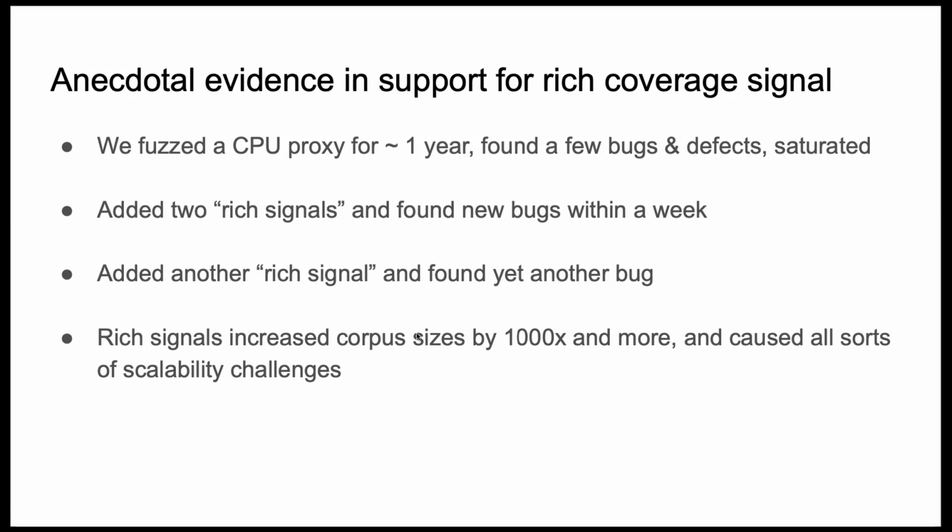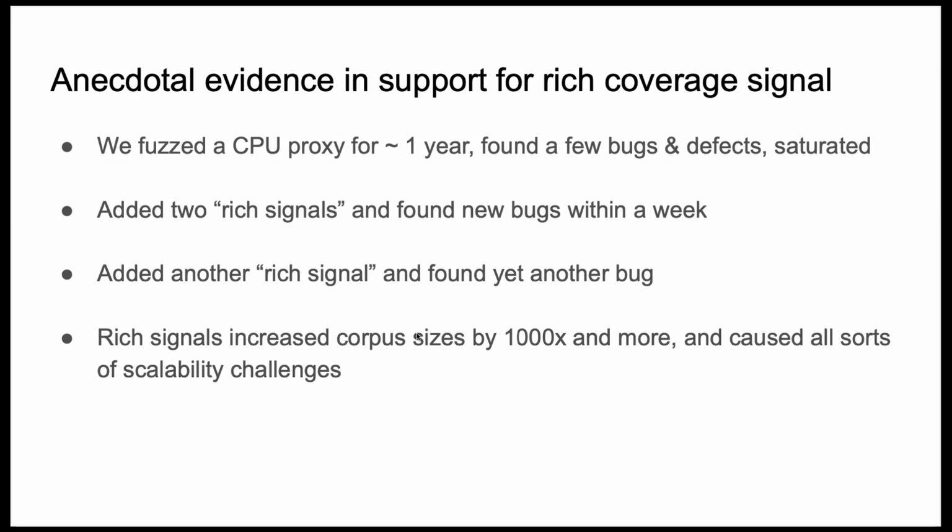So it's complicated. Kostya, what were the rich signals you used? I'll get back to what the rich signals are in a few slides. So even though it worked for us, we found these new bugs, new defects, adding this new rich signal caused havoc in our scalability.